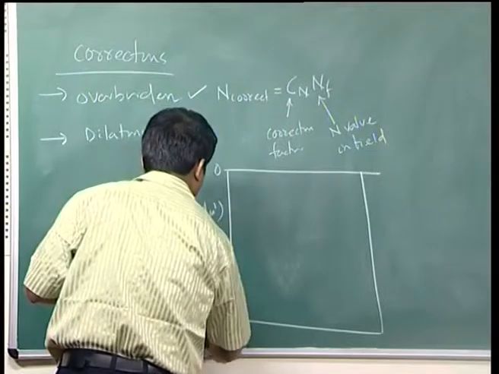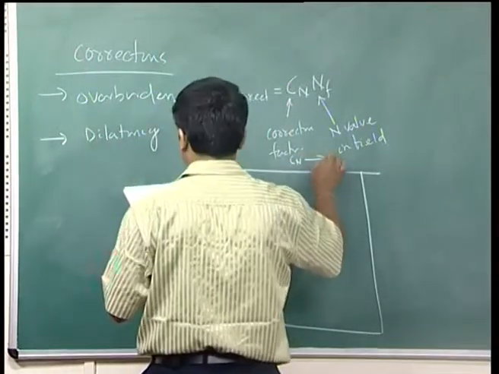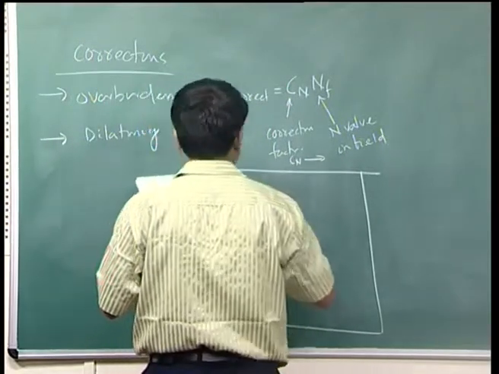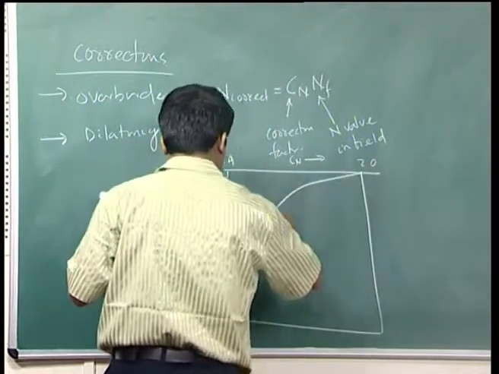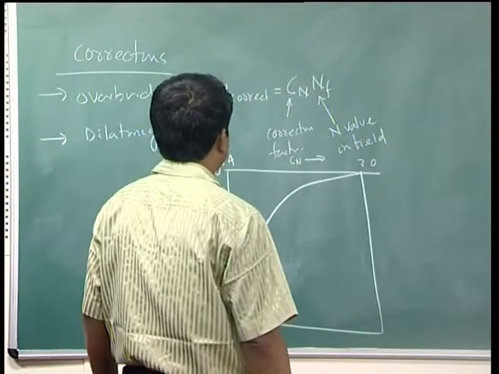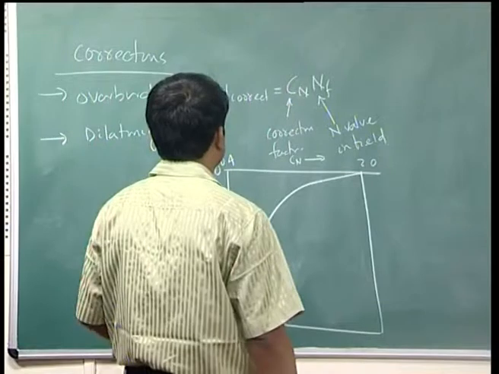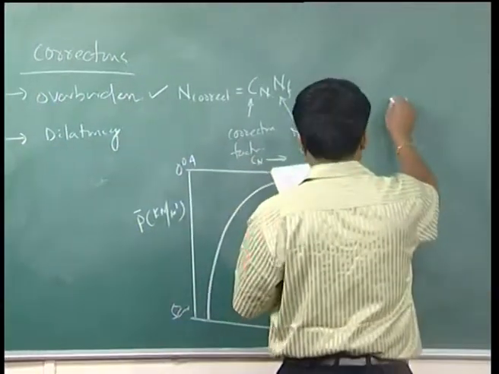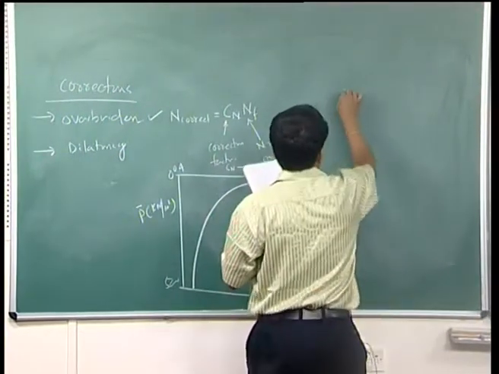Here Cn varies from 0.4 to 2.0. This kind of chart is already there. If you know the overburden, from there you can find Cn, or you can get it from the relation given by Peck 1974.